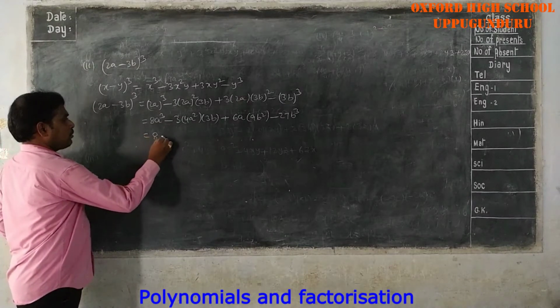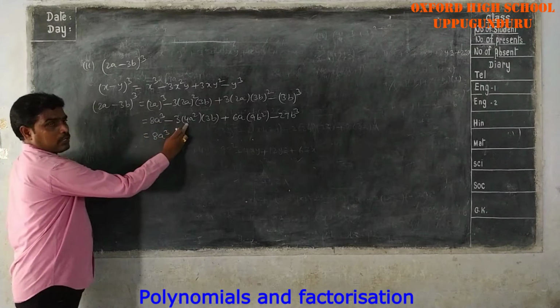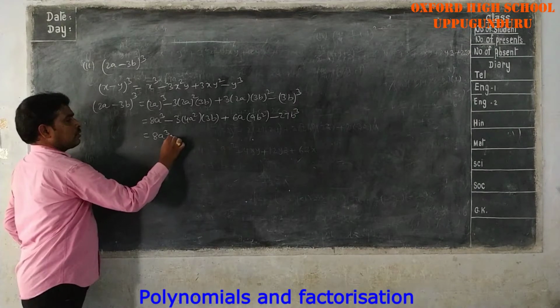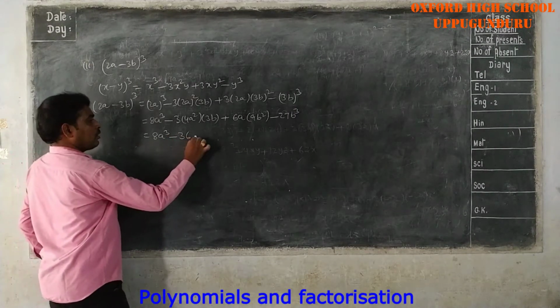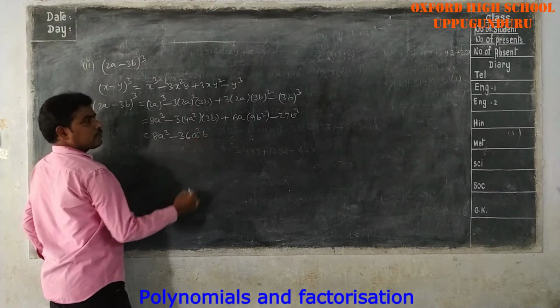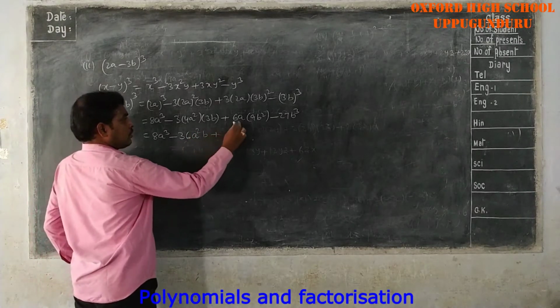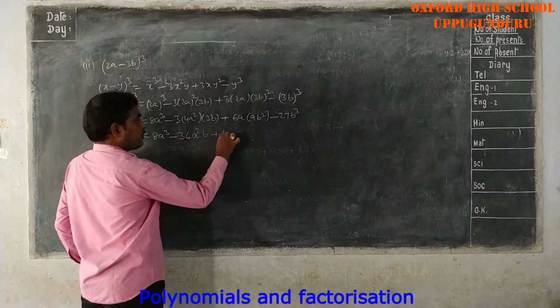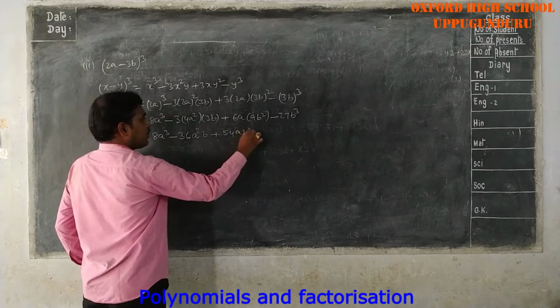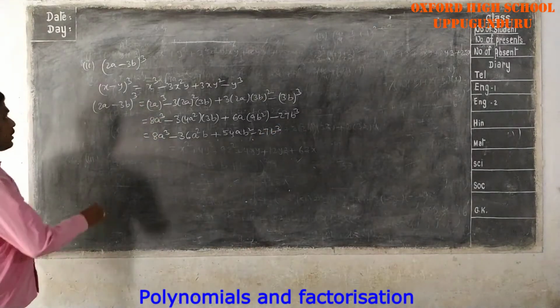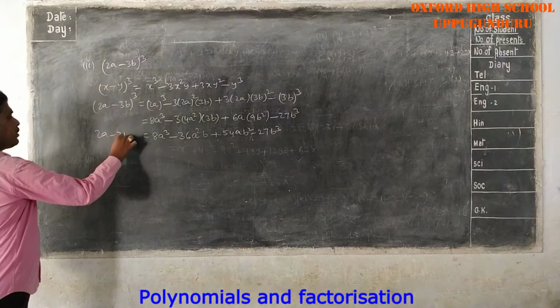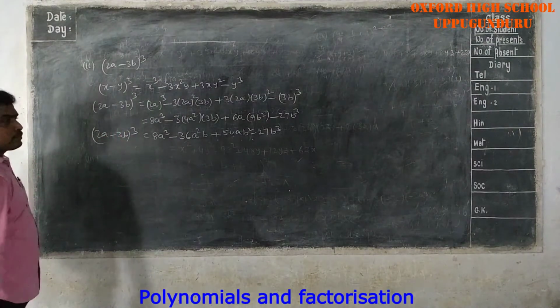Which is equal to 8a cube, 3 4s are 12, 12 3s are 36, so minus 36 a square b, plus 9 6s are 54 ab square, minus 27 b cube. So in this way we can expand 2a minus 3b whole cube.